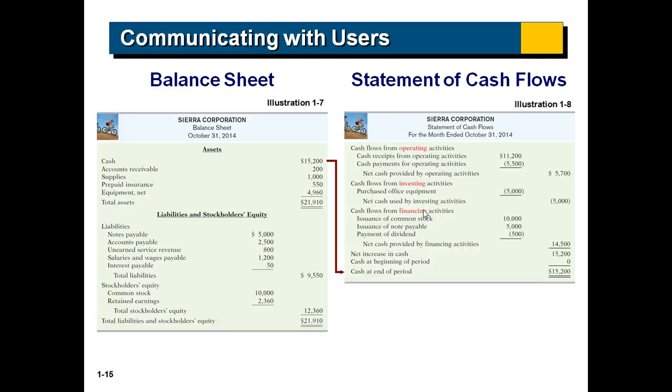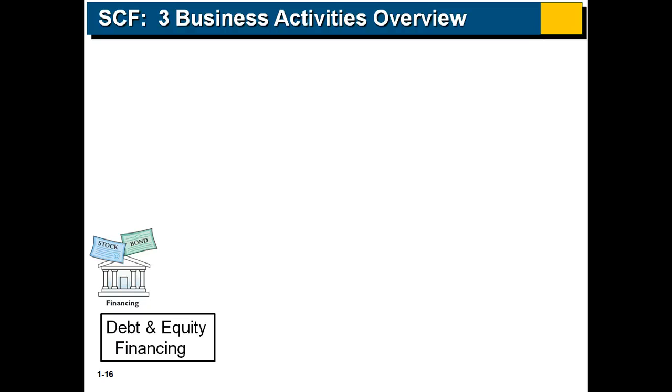Cash goes out because we write checks, so cash flows out. So this is all cash coming in and out because of operating activities, cash coming in and out because of investing activities, and cash coming in and out because of financing activities. So let's review those three business activities that get reported on the cash flow statement.